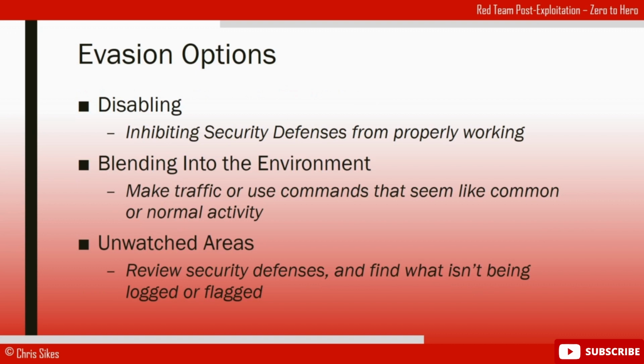You might be wondering, what are some options for you to do evasion on the target environment? It may require some knowledge of your environment you're going up against. Well, the first method is pretty straightforward: to disable any security defenses you run into.